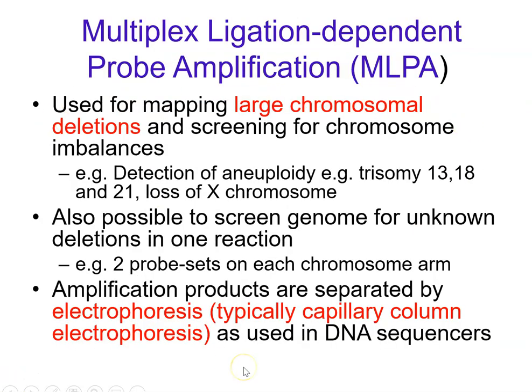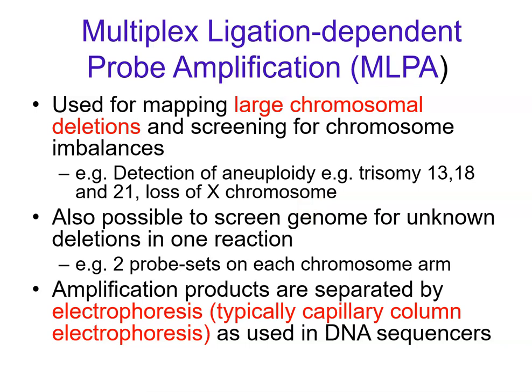Okay, so I will go through the whole schema of how this works in a moment, but the sorts of situations where we would use this is if we wanted to, for example, map large chromosomal deletions or screen for chromosome abnormalities. So we can use this. If we've got some DNA from a patient, we can look at the relative number of every single chromosome by having a probe set designed to each chromosomal arm.